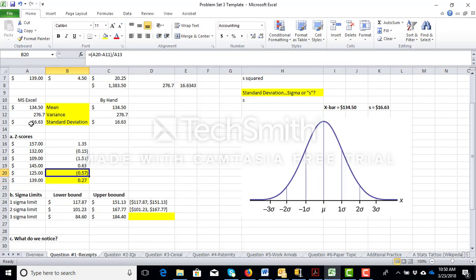I'm hopeful that you get the same results that I just put there and that you understand what it means. This is a little bit more than half a standard deviation below the mean, and this is just a little bit, about 2/10 or 3/10 of a standard deviation above the mean.